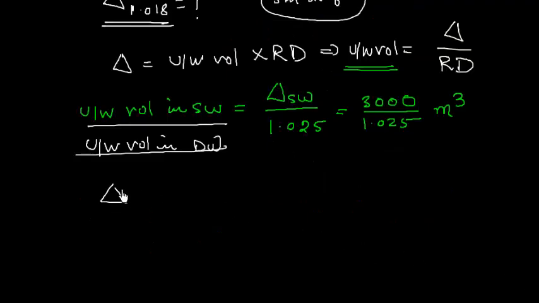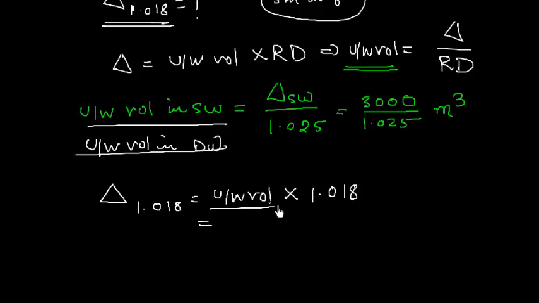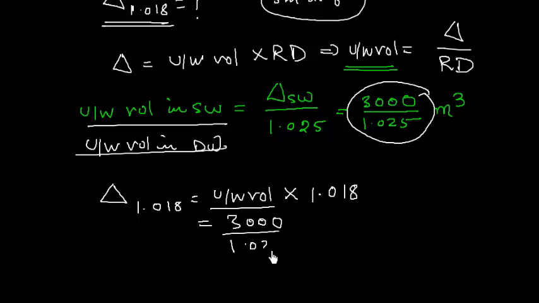So the displacement in dock water of RD 1.018 is going to be underwater volume multiplied by relative density, which is 1.018, and this underwater volume is the same, which is 3000 ton divided by 1.025, in cubic meter, multiplied by 1.018.